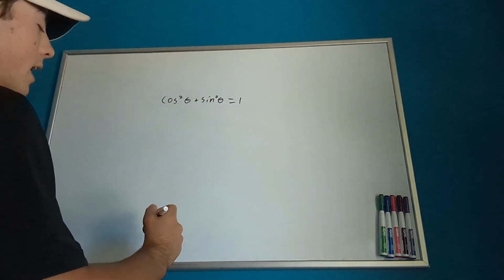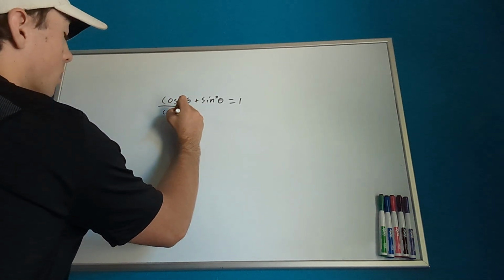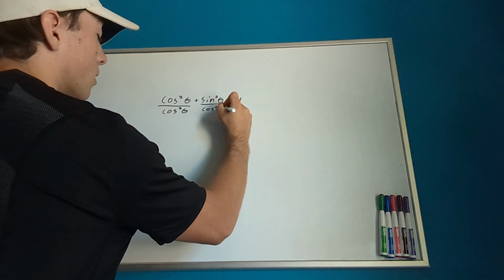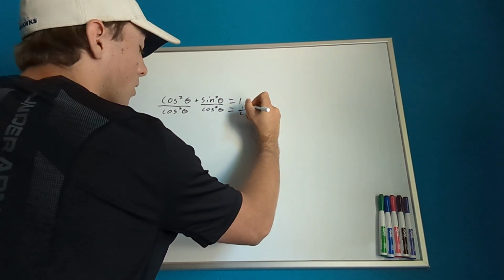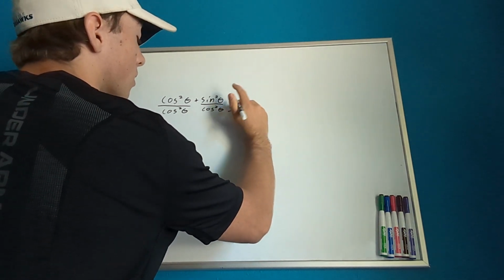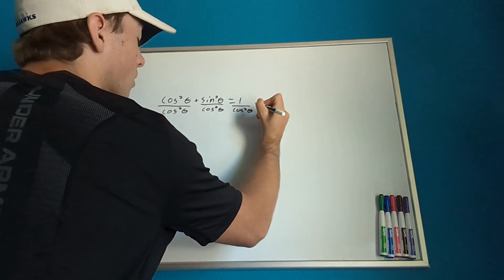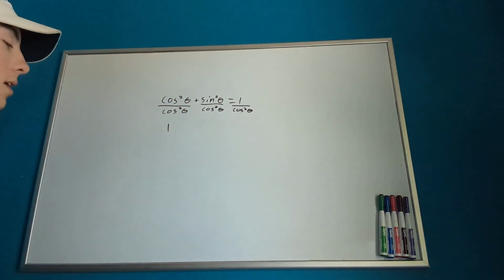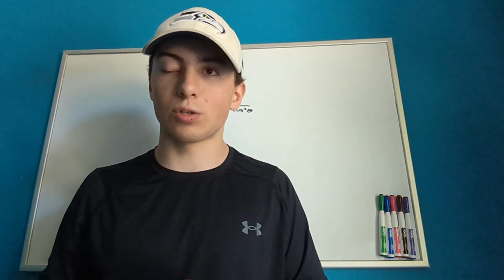For example, if we divide all sides by cosine squared, we get cosine squared over cosine squared is 1. Then sine squared over cosine squared.